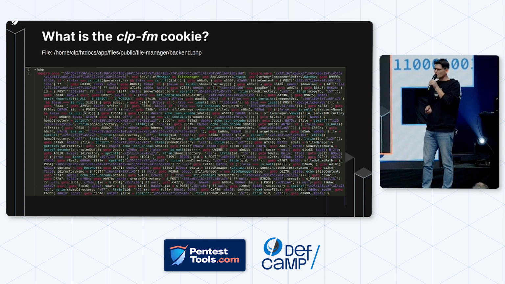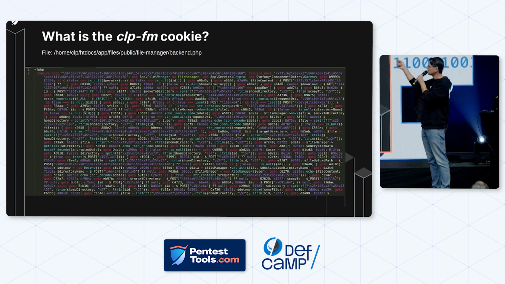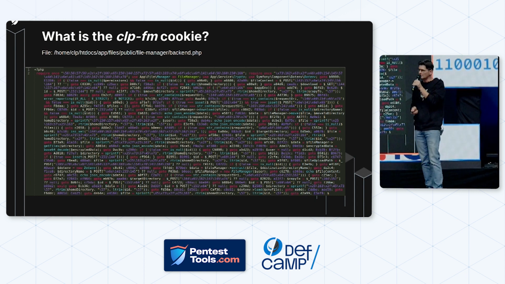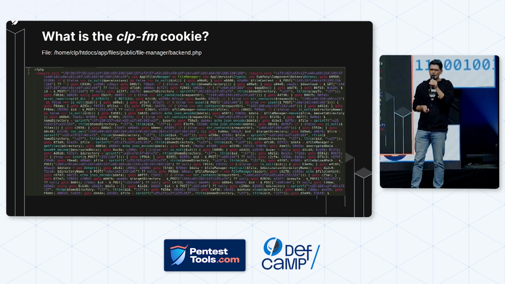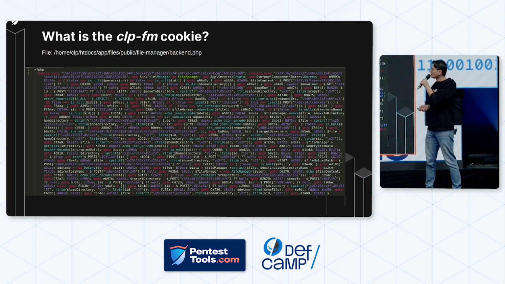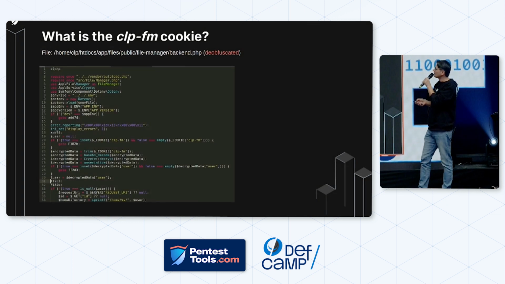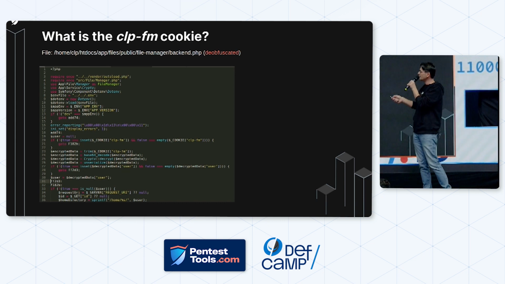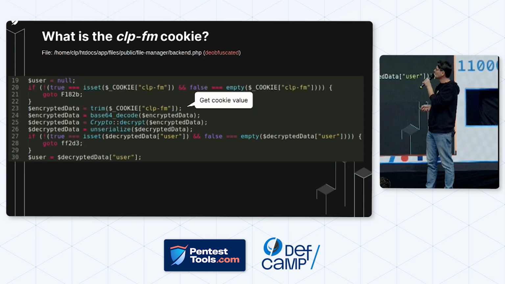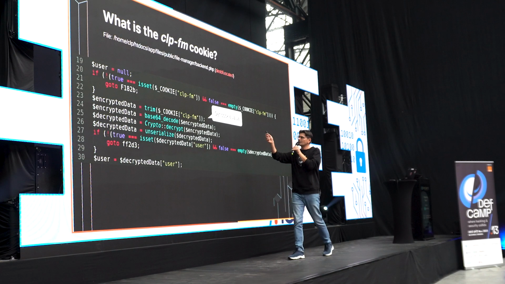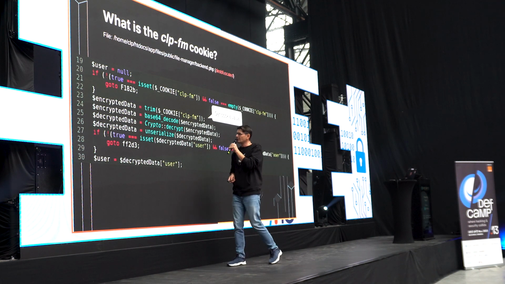If we look at the source code of the PHP application, it looks like this. So by default, it is obfuscated. And I don't think any security researcher would be willing to do source code review on this type of code. But after we deobfuscate the code, it looks a little bit clearer. And let's take a look at these lines of code from the backend file.